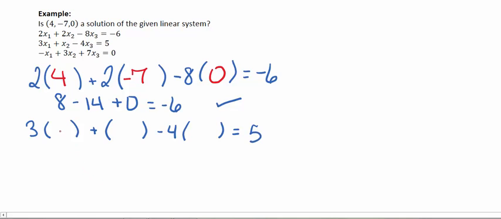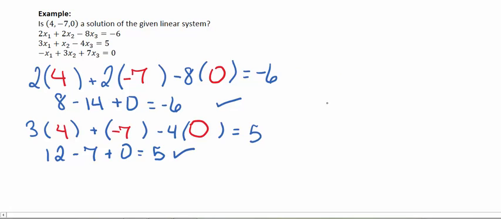Substituting the point in, 4, -7, 0. And then we just need to actually work it out. So this is 12 minus 7 plus 0 equal to 5. And we can see that is also a true statement.